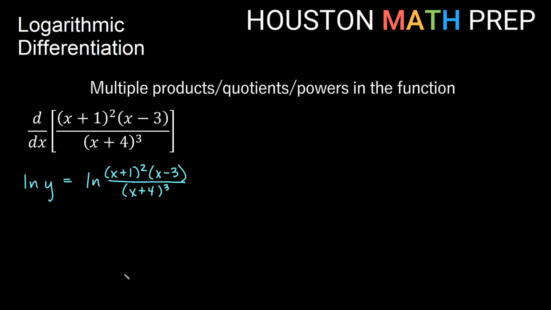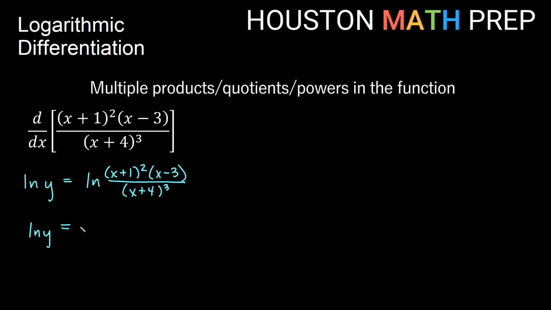Okay, now that's going to help us because properties of logs are going to allow us to break this up into different pieces, and then each piece is going to be a simpler expression to do the derivative of. So we'll go ahead and keep our ln of y here. And remember, properties of logs say if I have a product, that becomes add if I split it up into separate logs. And if I have a quotient, if I divide by something, then that becomes subtract when I split it up into separate logs.